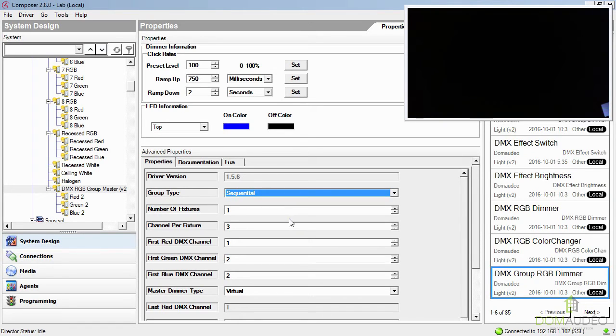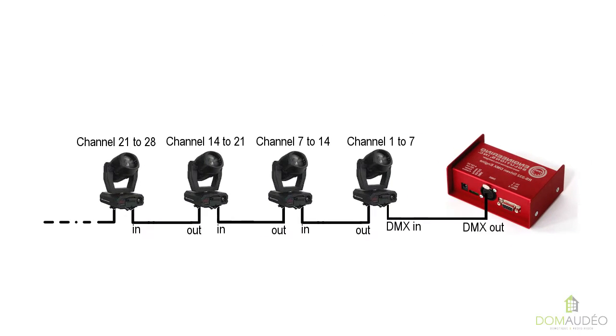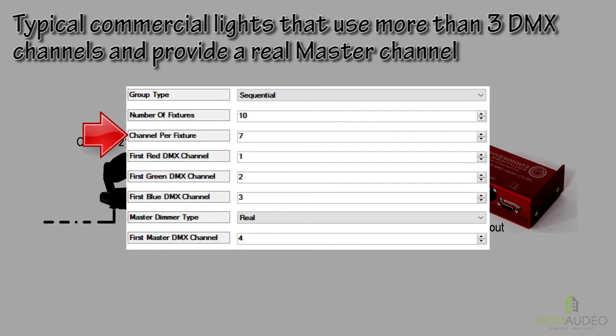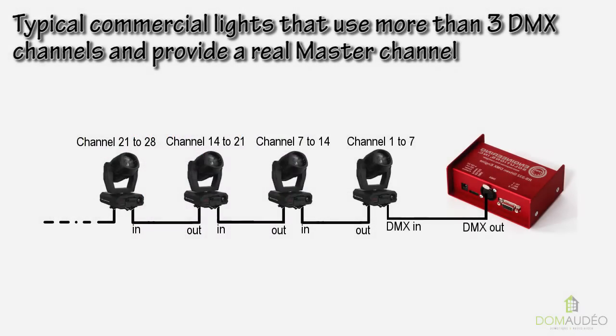The minimum number is 3 for RGB, but a fixture can use more channels. This is usually the case with commercial wall washers or stage lights that use extra channels for proprietary effects. Those extra channels are skipped and will not be controlled by this driver if the channels per fixture property is set to a value higher than 3.